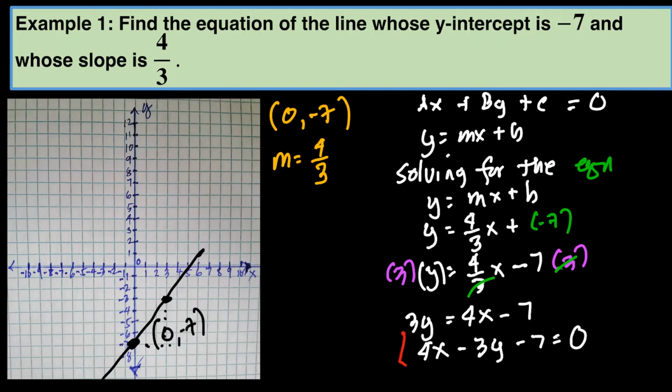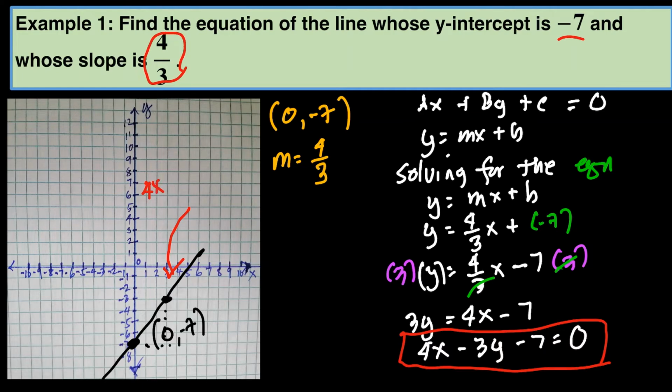So this is the equation of the line whose y-intercept is -7 and whose slope is 4/3. The equation of this line is 4x minus 3y minus 7 equals 0.